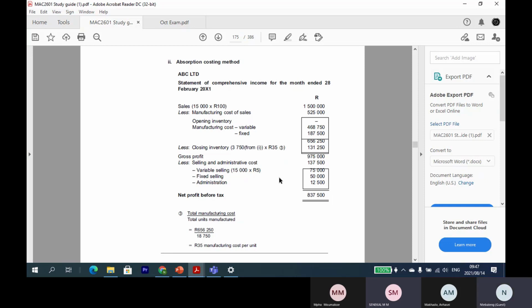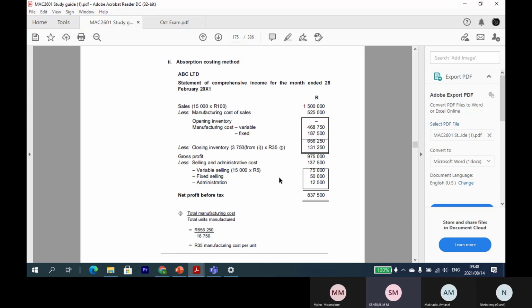So I came to a gross profit of 975,000. Then I deducted the variable selling cost, which must be proportional to the units actually sold, so it's again the 5 Rand per unit times the 15,000 sold.